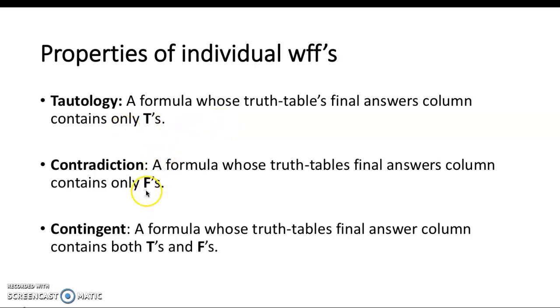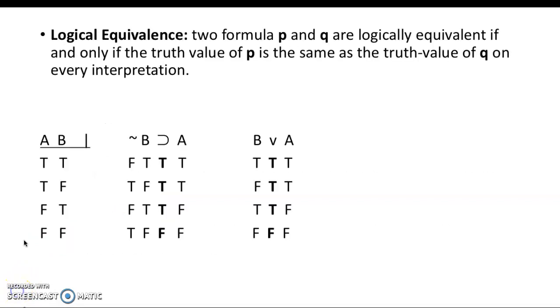If the final column of a truth table has all F's, that means that sentence is contradictory because there is no possible interpretation in which that sentence is true. If we have a combination of true and false, that means that sentence is a contingent sentence because sometimes it turns out to be true under some interpretations, and sometimes it turns out to be false under different interpretations.